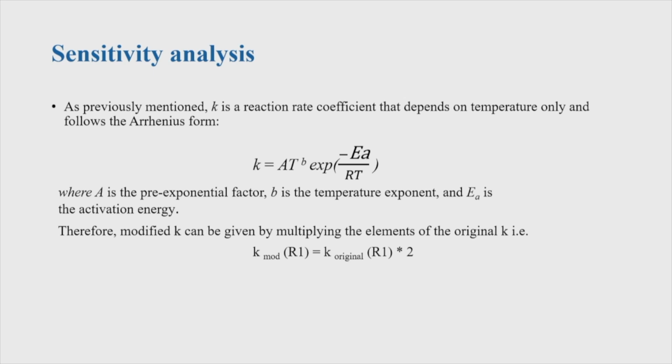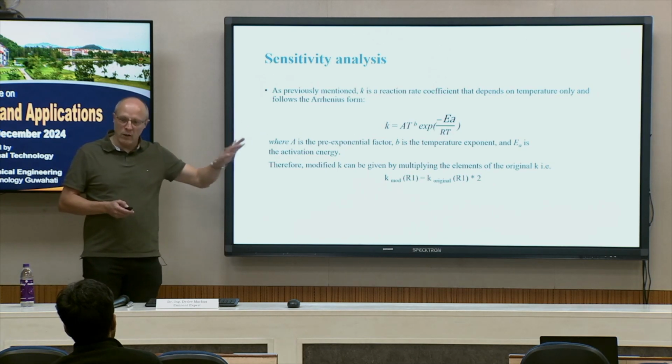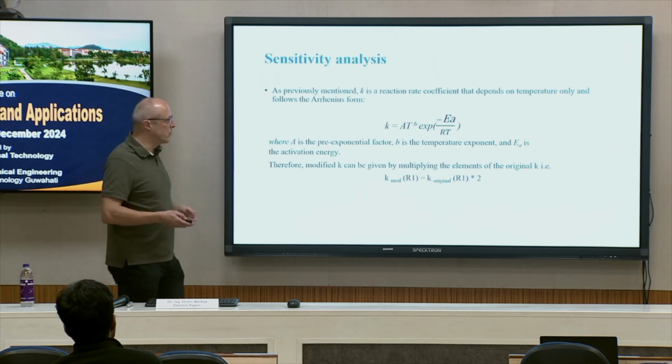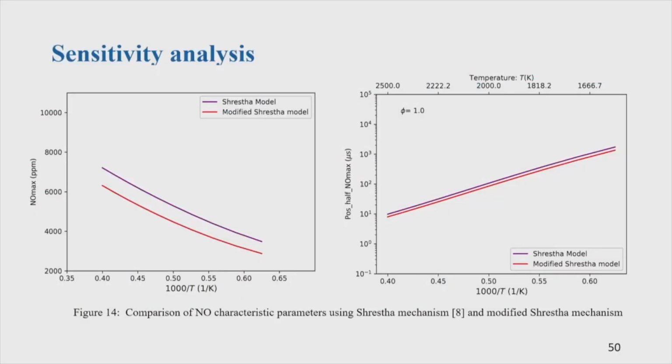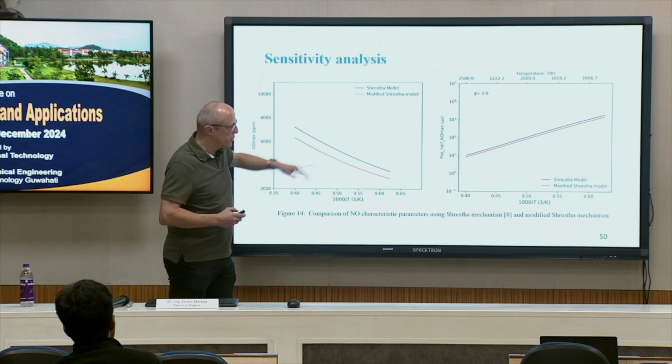We have just done it very simply. We just multiplied it by a factor of 2. We just said, okay, this equation here is now 2 times faster than in the given mechanism. And you see again, if we just change these 2 equations, you can see big discrepancies here when you compare the modified model with the Shrestha model.